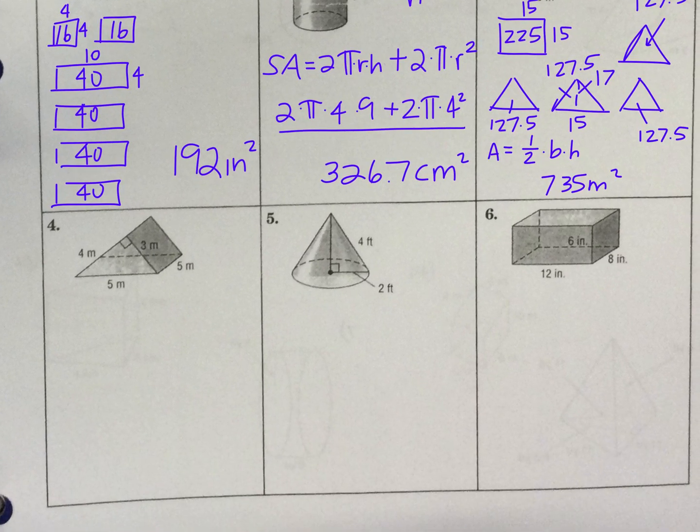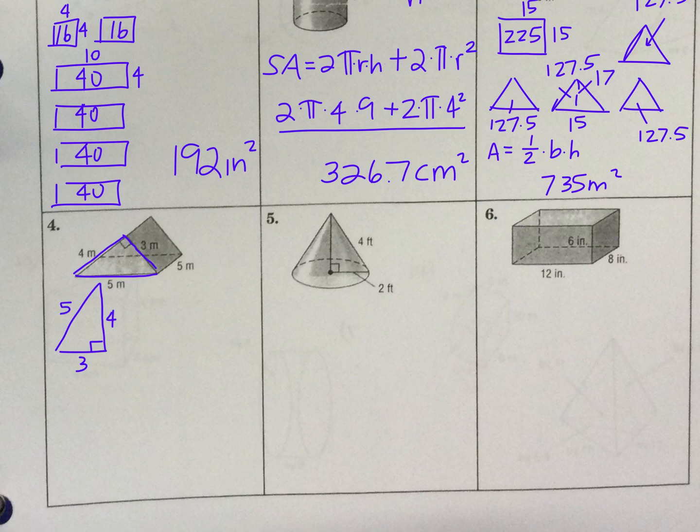Now we're going to do a triangular prism. This one's going to get a little tougher because we've got to be real careful about our shape. So the first shape we're going to deal with is this triangle. And I'm actually going to turn it on its end like that. So the base is 3, the height is 4, and the diagonal is 5.